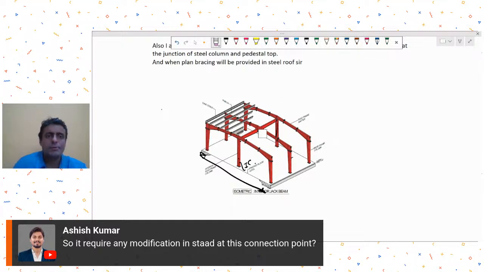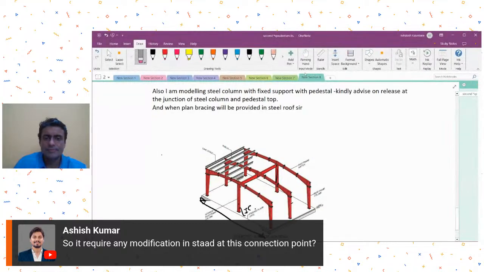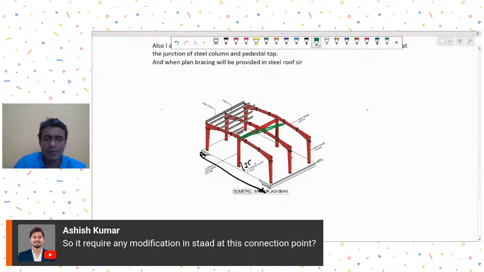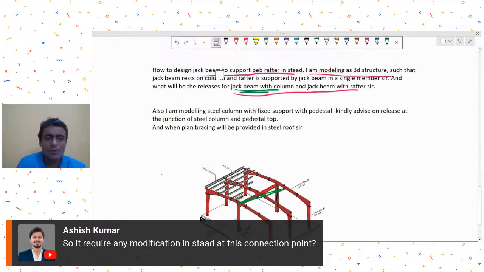I'm just not able to get out of this. Just hold on. Okay. So this green line is called the jack beam. Somehow I'm not able to close this eraser. Just a minute.